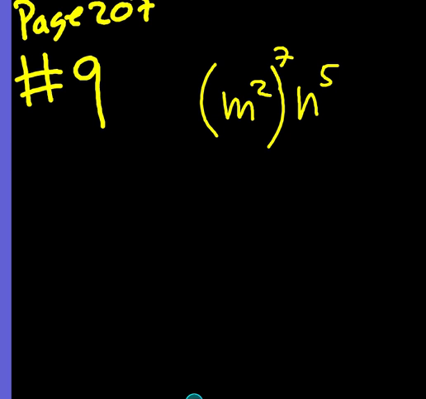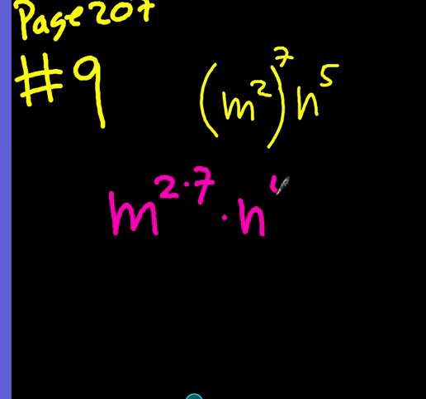Number 9, similar to the previous one, the number 7, except that now the number on the outside is a different base. And so I've got m squared to the 7th power, so that's the power to a power rule, times n to the 5th.